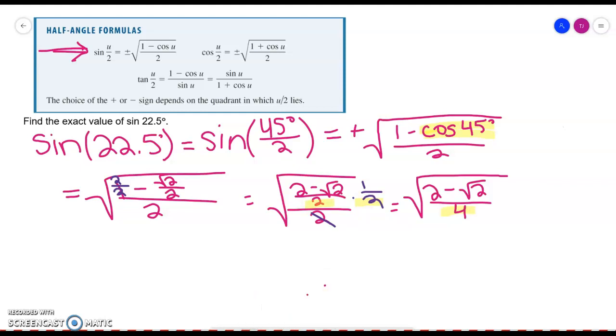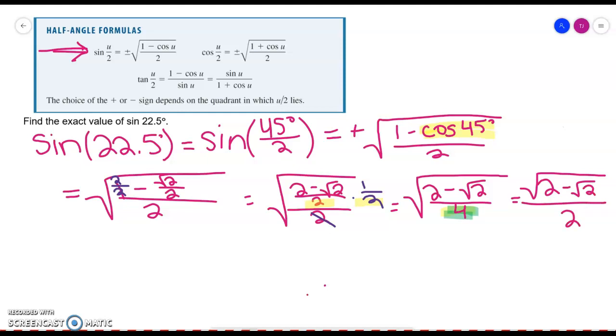Now we can look at that square root of 4. We know that the square root of 4 is just 2, so I can take this one step further and rewrite it as the square root of 2 minus the square root of 2, all over 2.